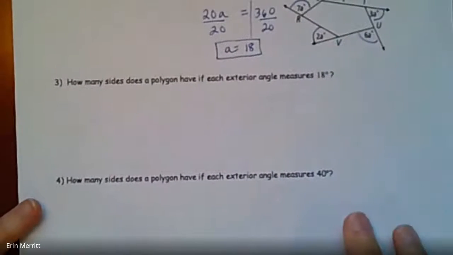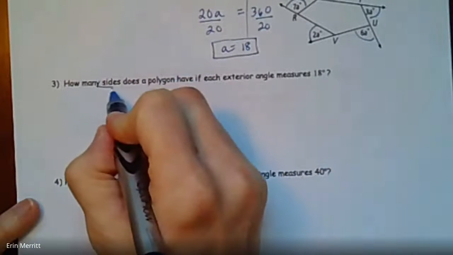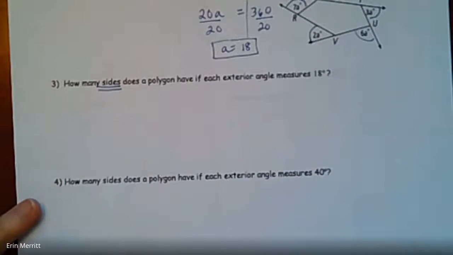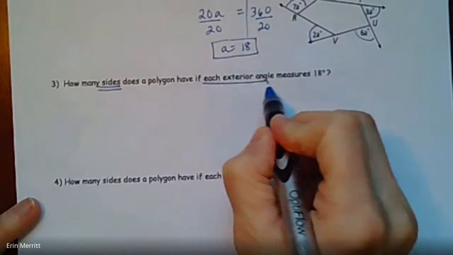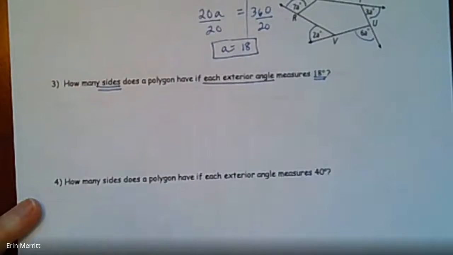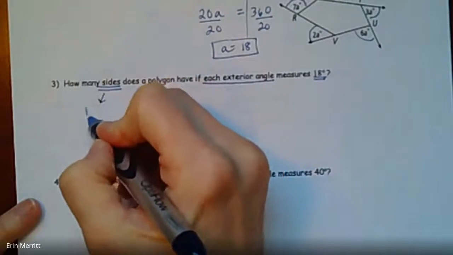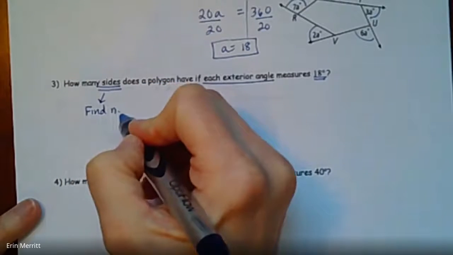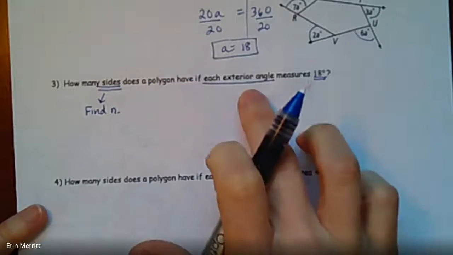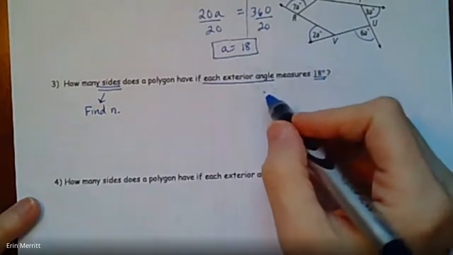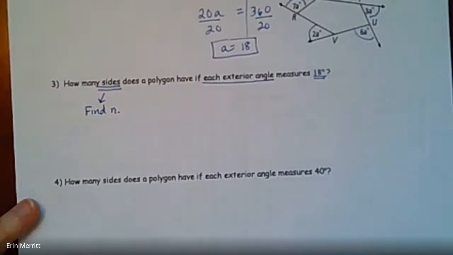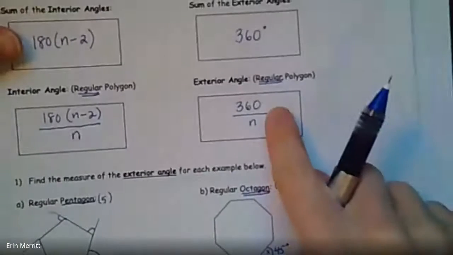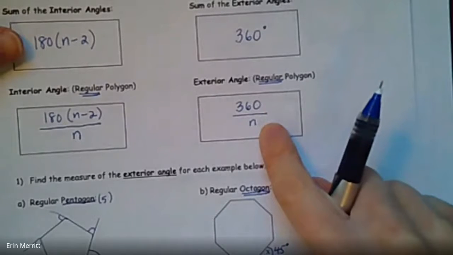All right. For the next one, it says how many sides does the polygon have if each exterior angle is 18 degrees? So if I want to know how many sides, we are looking to find the n value. So think about the rule. For one exterior angle, let me flip back to that page before. One exterior angle is 360 divided by n.